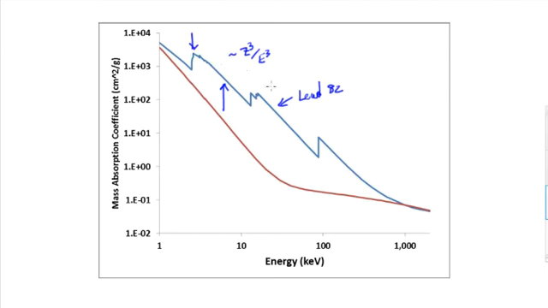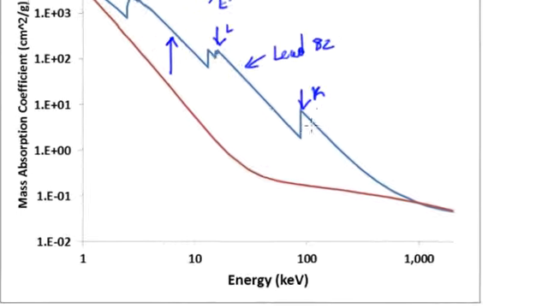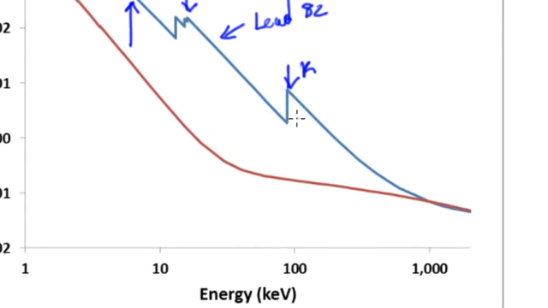And then the other feature you'll see on here are these edges. These are the atomic energy levels: this is the K shell, the L shell, and the M shell. You see there's some structure in here because there are multiple levels. The concept here is that if you're above the energy needed to ionize an electron from the K shell, then you'll get an interaction.